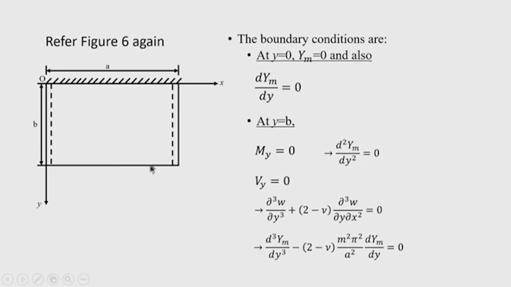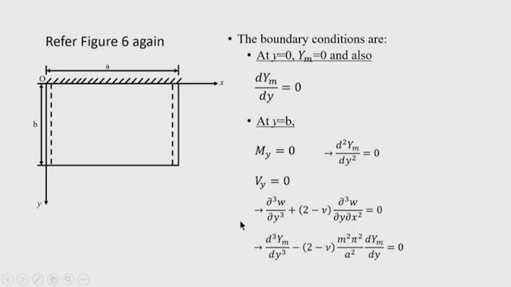At y is equal to b, that is this edge, M_y equal to 0, that is d square Y_m by dy square equal to 0, and shear S is 0. Shear S equal to 0 means the third derivative of w with respect to y plus (2 minus mu) into del cube w by del y del x square equal to 0, where mu is the Poisson ratio. So, this obviously reduces to this equation, and imposing this we can find the constants of integration.